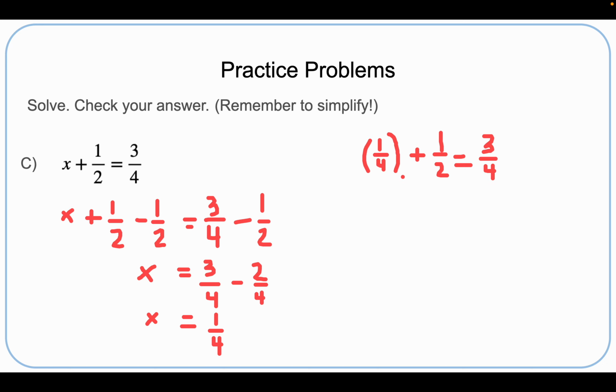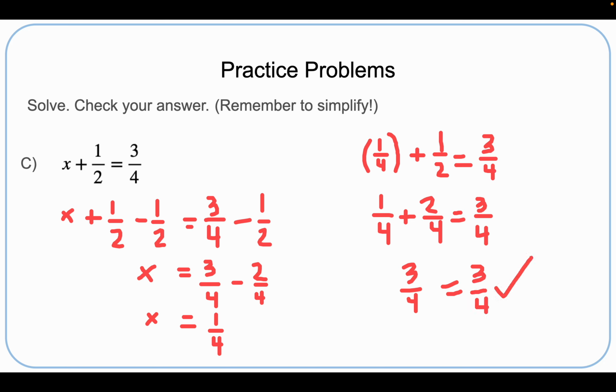Okay, we need common denominators, so that is 4, 1/4 plus 2/4 equals 3/4, and yes, when we simplify that, 3/4 equals 3/4. So that checks.